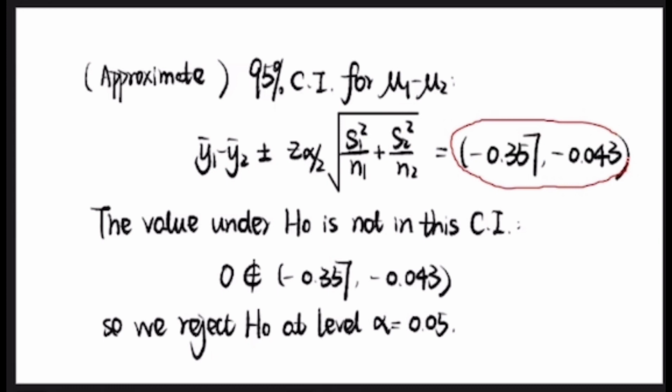You remember on Wednesday, we looked at the reaction time, how men and females react to stimulus, right? Using hypothesis testing, we rejected the null hypothesis. Right now, using the confidence interval, because 0 is not in the interval, the null hypothesis should be rejected.